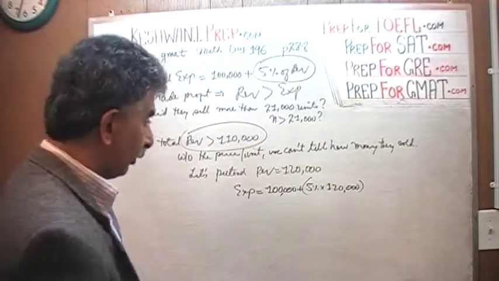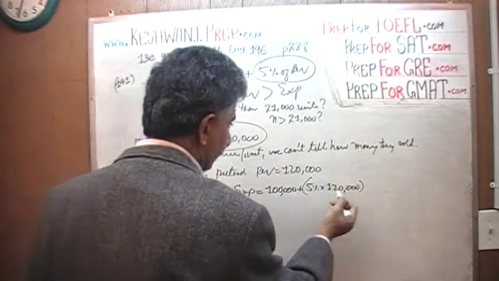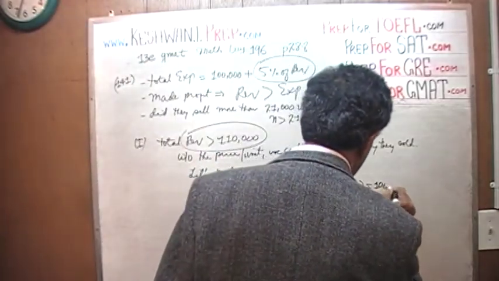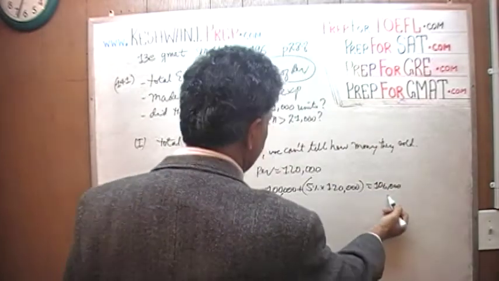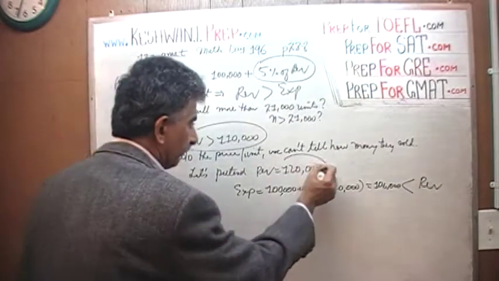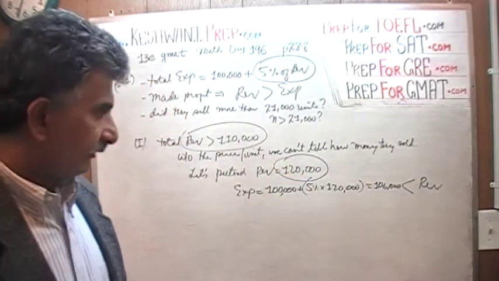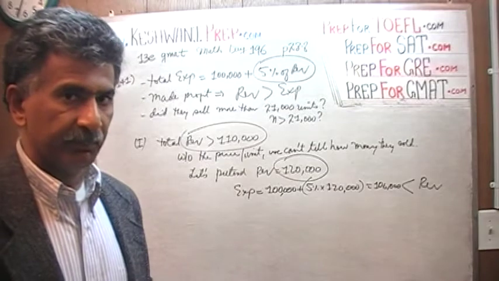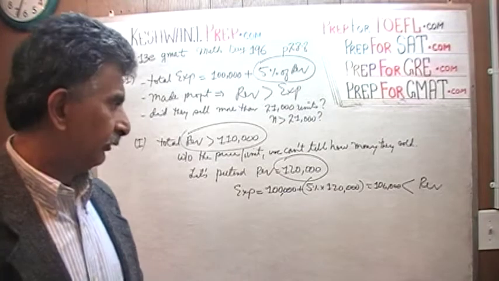Therefore, the total expenses are $100,000 plus $6,000, $106,000, which we can clearly see is less than the revenue. Since the expense is less than revenue, they are making profit. So this is a legitimate figure for us to use.